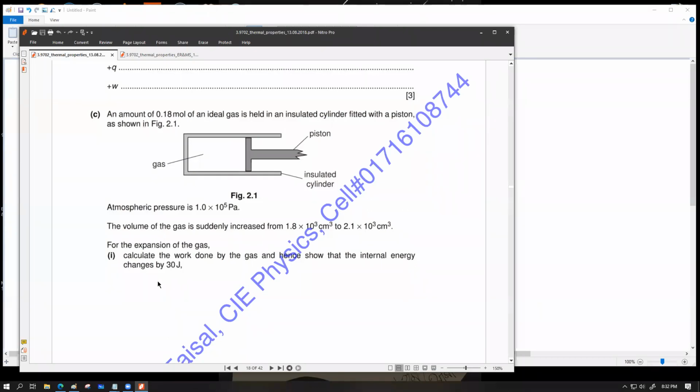Which means this 30 joule of energy must come from inside the gas. This gas should lose 30 joule of energy, and that energy should be transferred to the atmosphere. Which means essentially this gas should become cool or hot? Cool, sir.